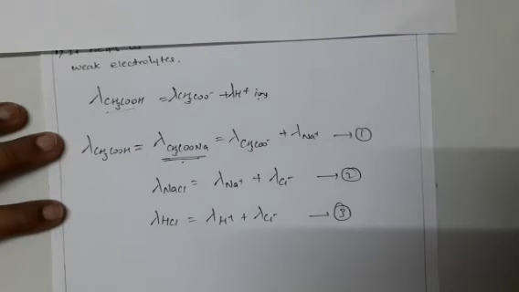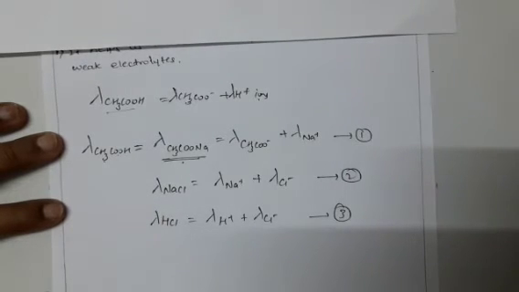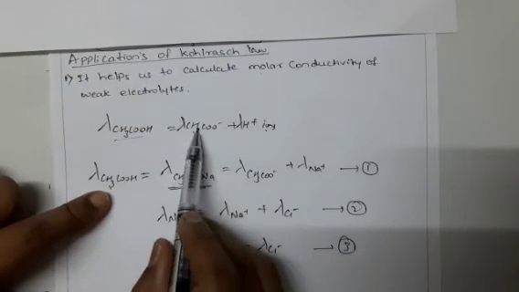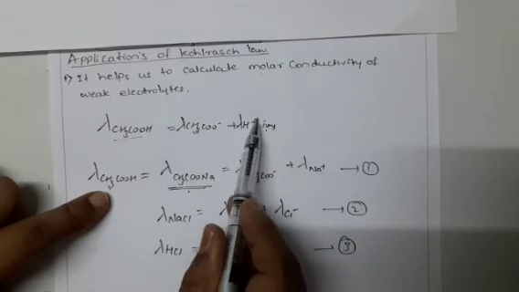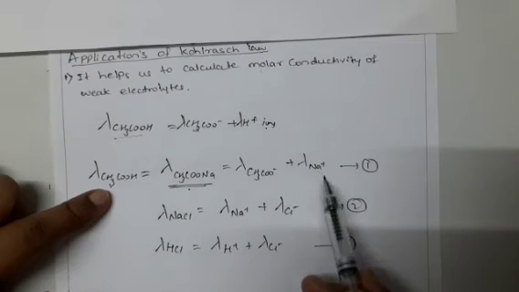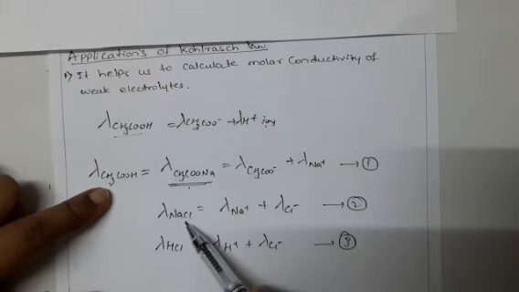From this data we can get the value of CH3COOH. We only need CH3COO minus and H plus ions. We don't want the values for Na plus, K plus, or Na plus Cl minus.